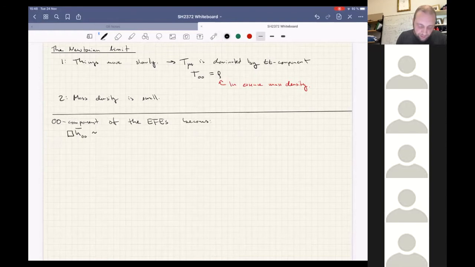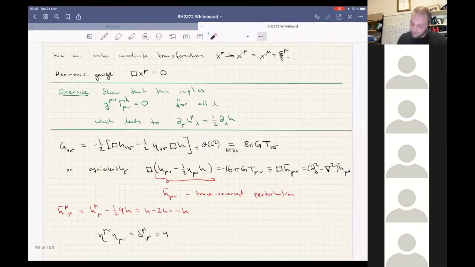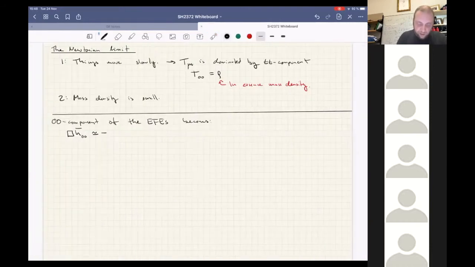And assuming now that things move slowly, this h is going to change slowly, which means that the time derivatives of h are going to be small. In that case, these time derivatives are negligible, and we are left with minus Laplace h bar 0,0, which should then be minus 16 pi G times the mass density.